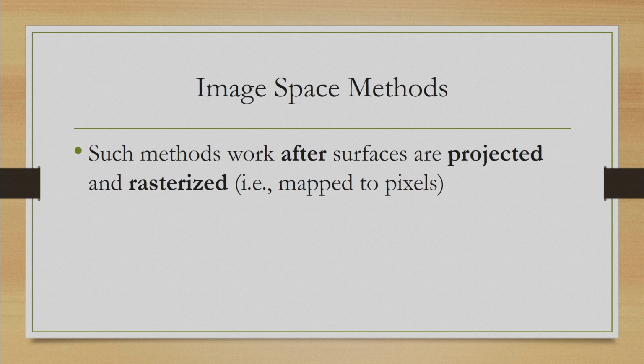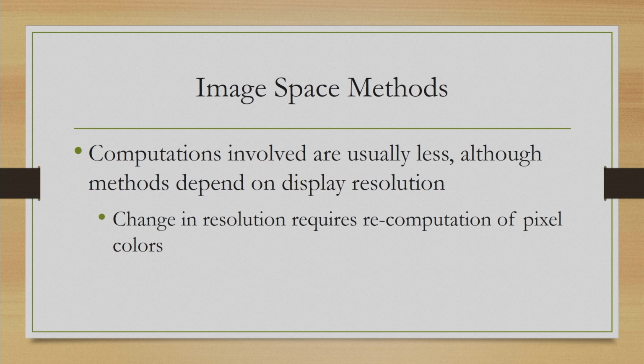Clearly, the methods work after surfaces are projected and rasterized, that means mapped to the pixel grid, unlike the previous case where we were in the 3D domain. Here the computations are usually less compared to object space methods.